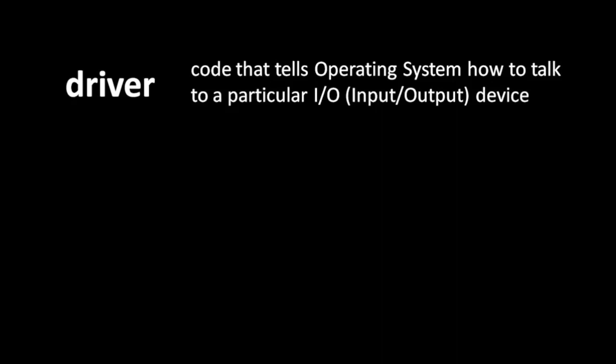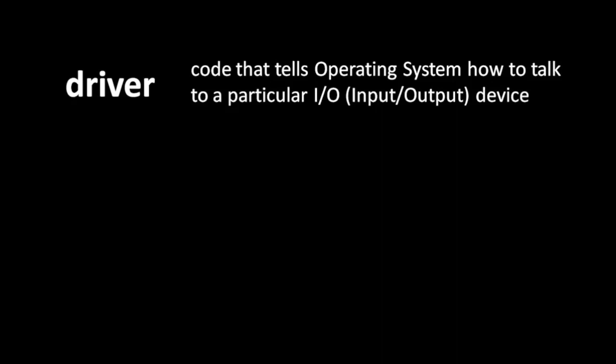So the code which an operating system needs to use to talk to a particular device has to be unique for that device. And there are so many devices out there, it's not actually practical for, say, Microsoft to be responsible for supporting all of those different devices. Instead, it's very often left up to the manufacturer of a device to create that code. And these pieces of code which control particular devices are called drivers.